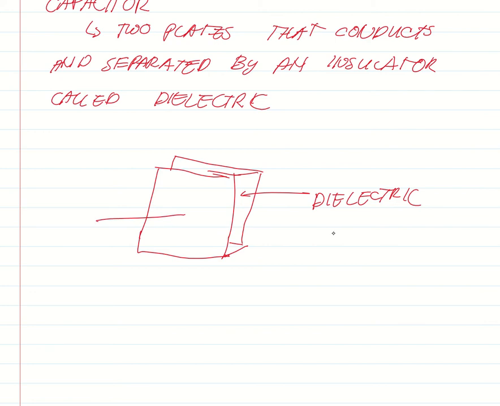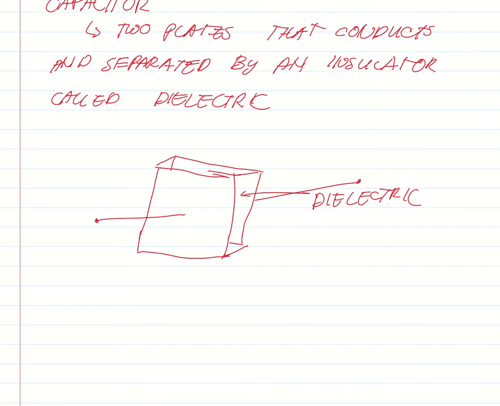This component, the capacitor, can contain charge. It can be charged and discharged simply by applying a potential difference at both of the terminals of this capacitor.